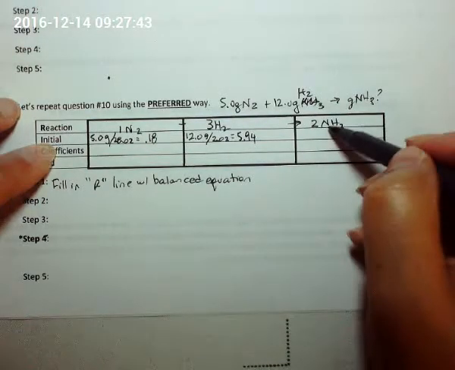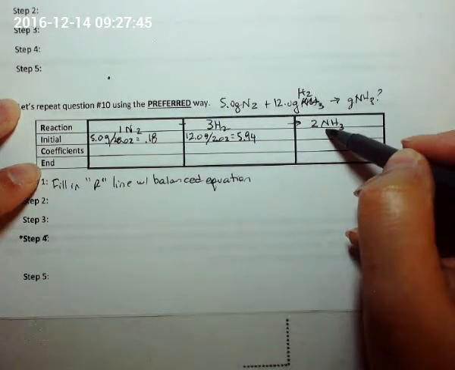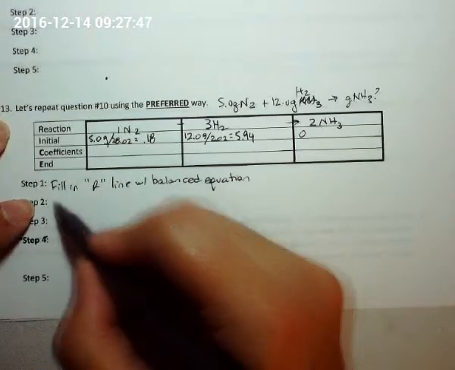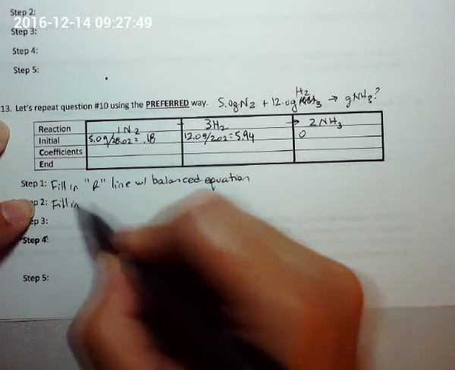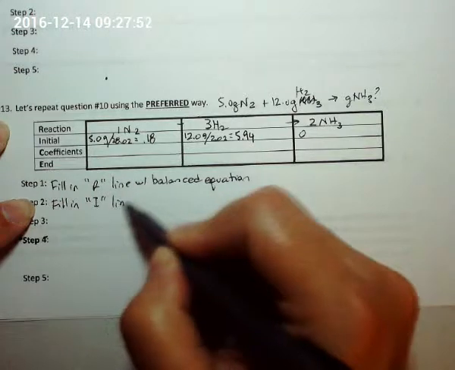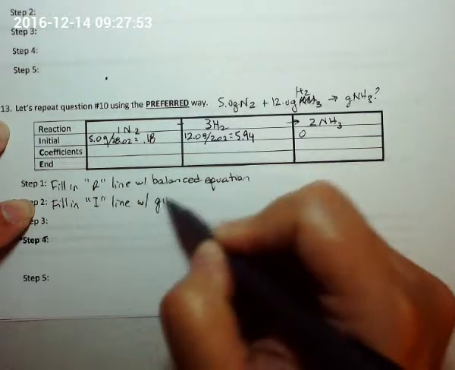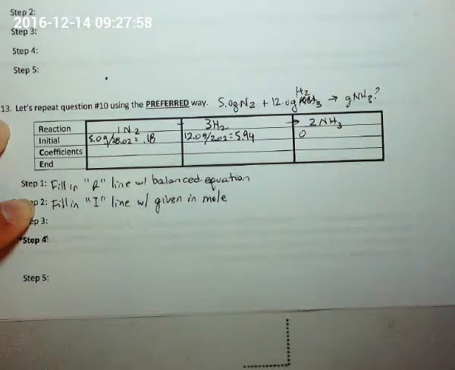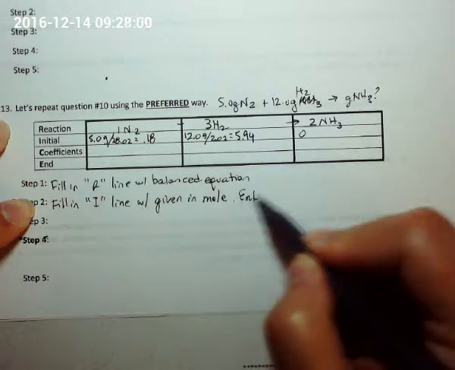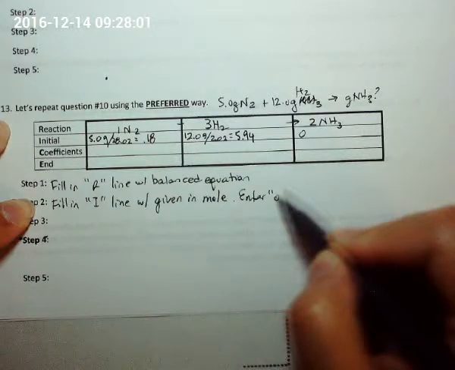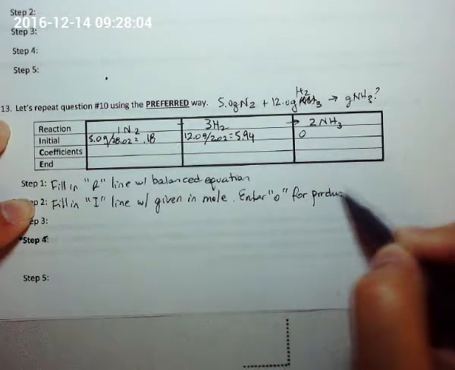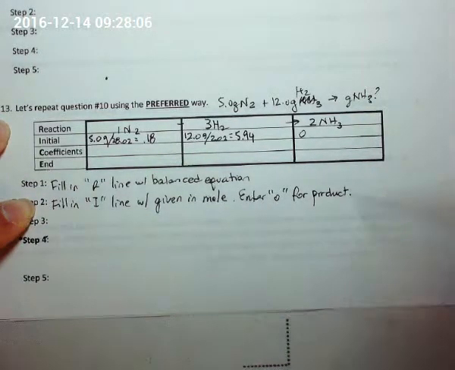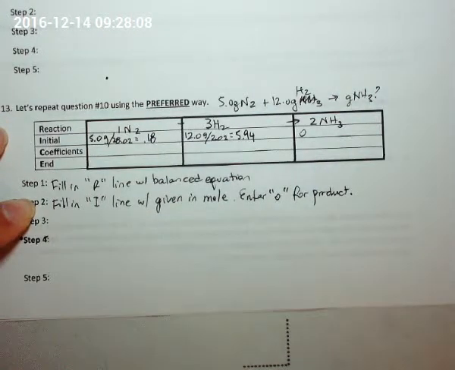And how much ammonia did I put in here? 0. All right, so step 2, you're going to fill in the I line with your givens in moles. Enter a 0 for the product. Why are we entering a 0 for the product? We haven't made it yet. Perfect.